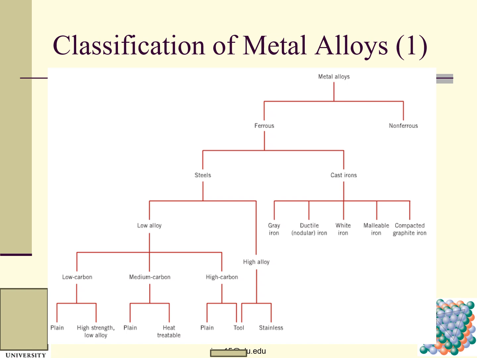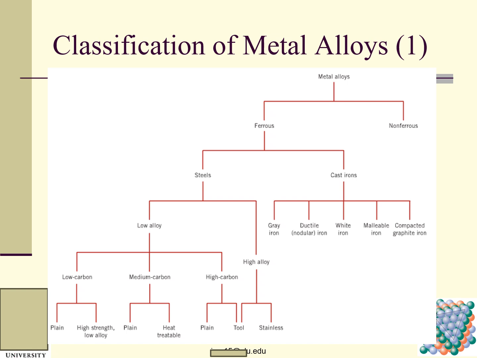Then we might have high strength low alloy if we add some alloying elements in addition to the iron and the carbon. For medium carbon, we also have plain and the heat treatable one. For high carbon, we have plain and we have tool steel. Tool steel is very hard, as the name suggests.